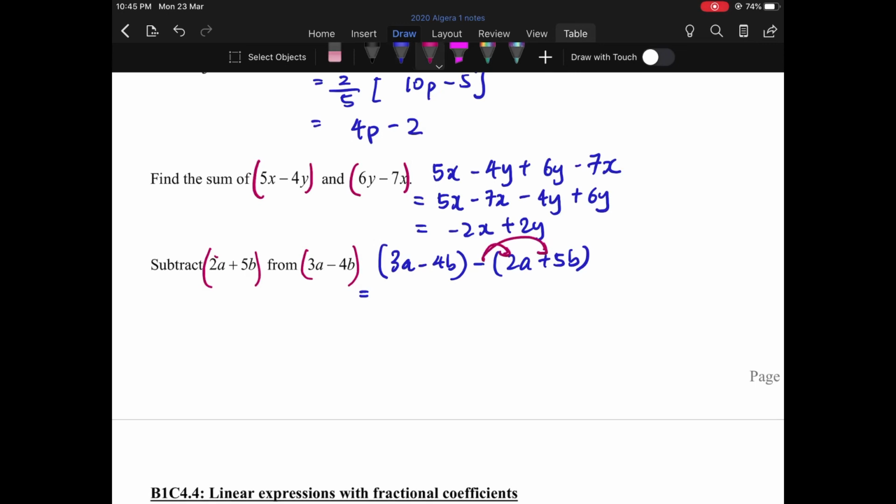This is to do expansion. Minus 2a minus 5b. Simplifying this, you get 1a, negative 4b, subtract 5b, you will get negative 9b. And this is the end of our first video.